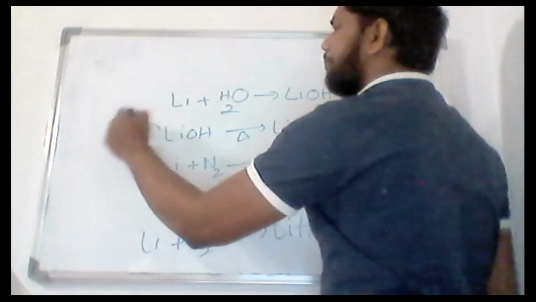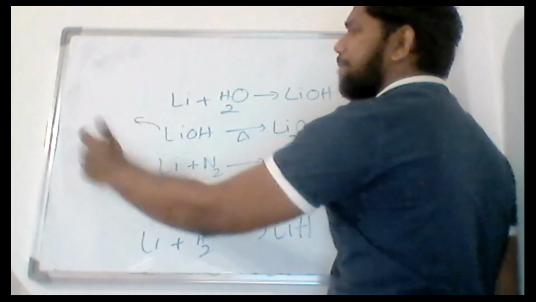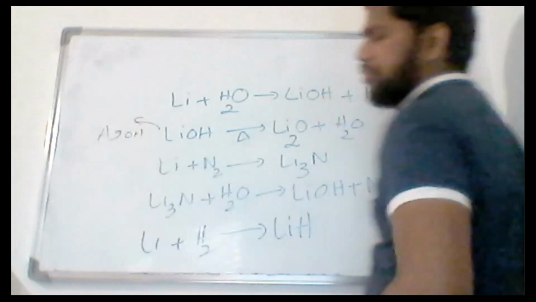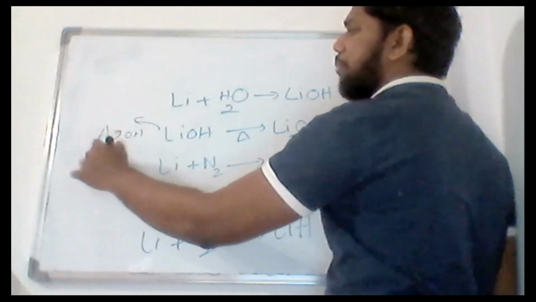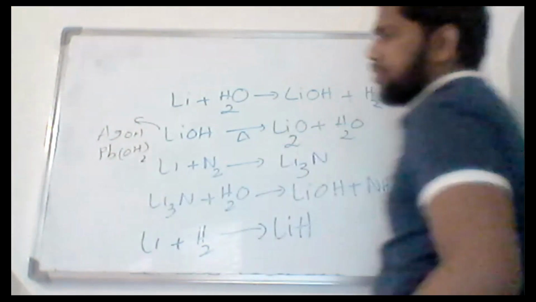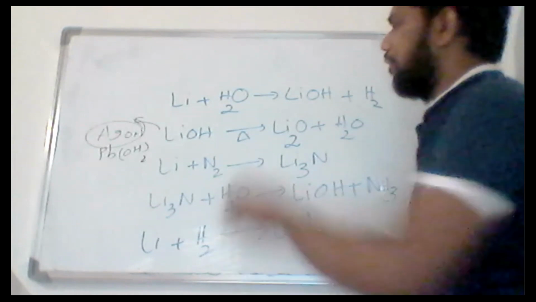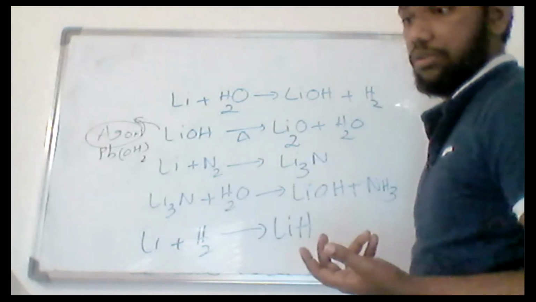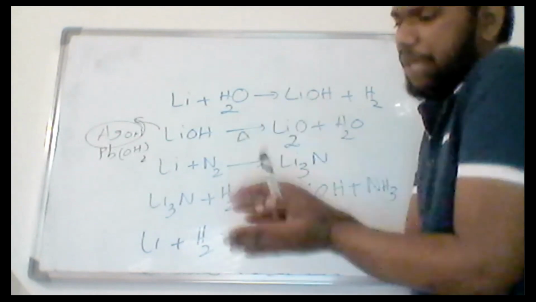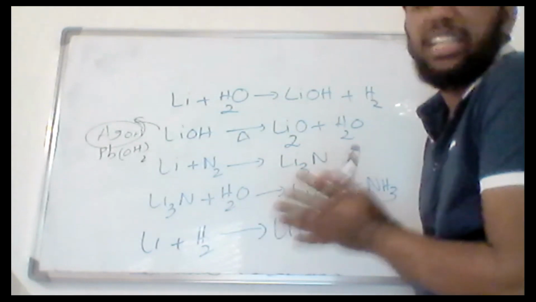For an example, let's say silver, maybe AgOH, or even Pb(OH)2. So still, when you heat AgOH, it will give first Ag2O. But Ag2O, the elements in the below of the electrochemical series, they are very less reactive.